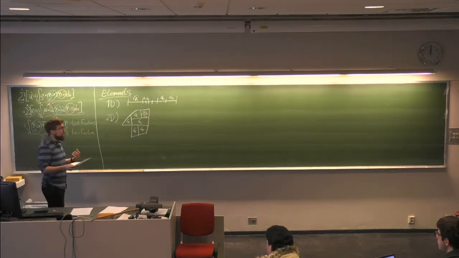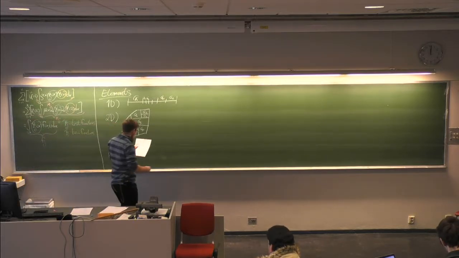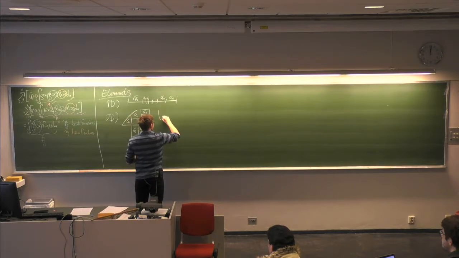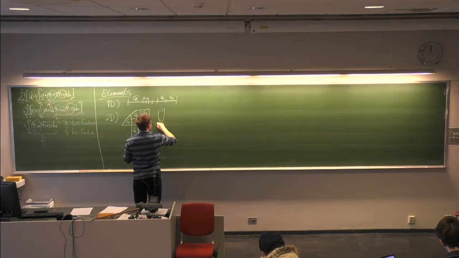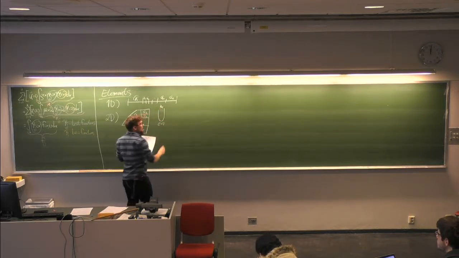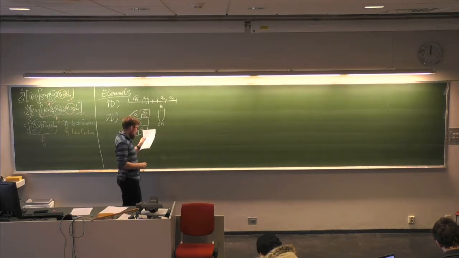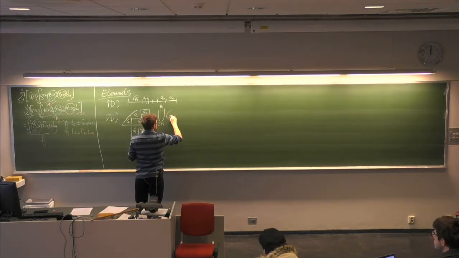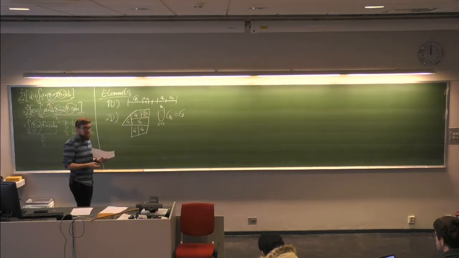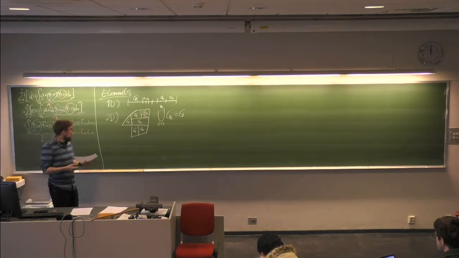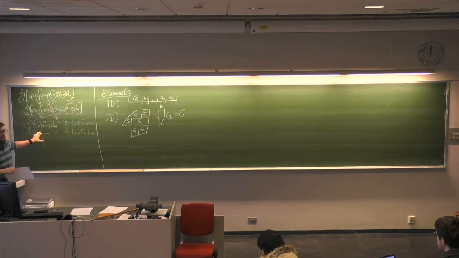So in fancy mathematical notation, we'll say that the union of all the elements, where NE is the number of elements, is just the full domain. Oh yeah, this is just a repeat of what we had earlier, so I'm just covering this.